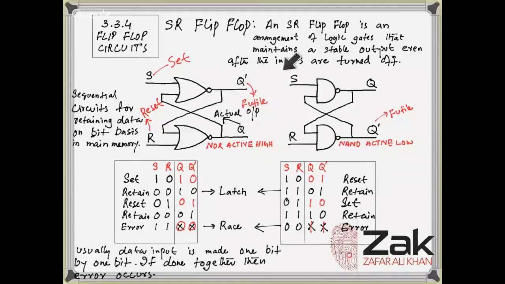So we have got two types of flip-flops, with NOR, which is not OR, and NAND, which is not AND. We know that these not OR and not AND gates are universal gates.